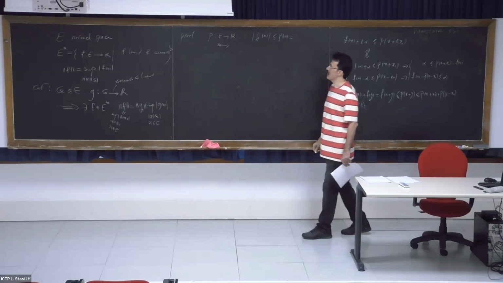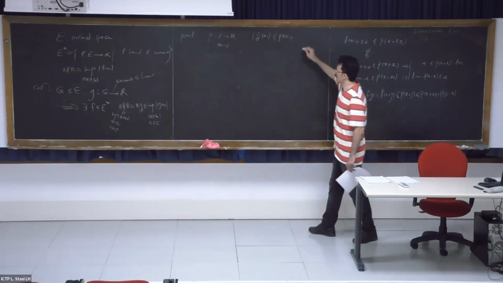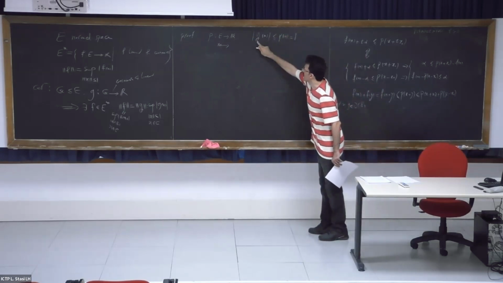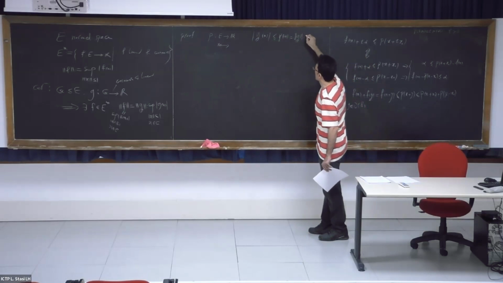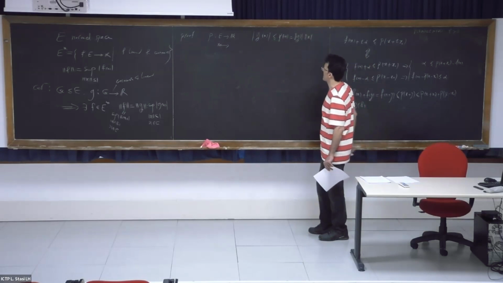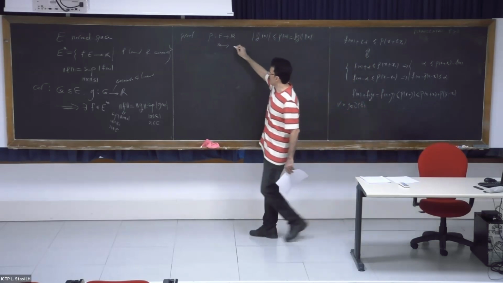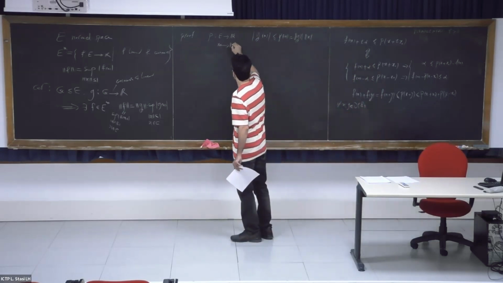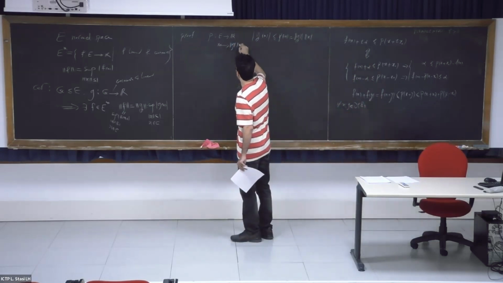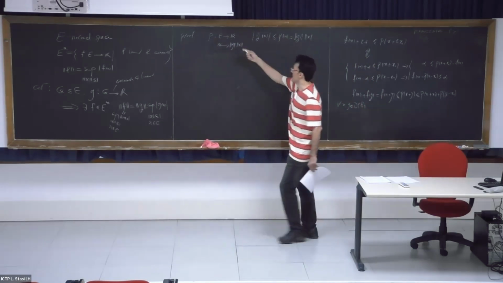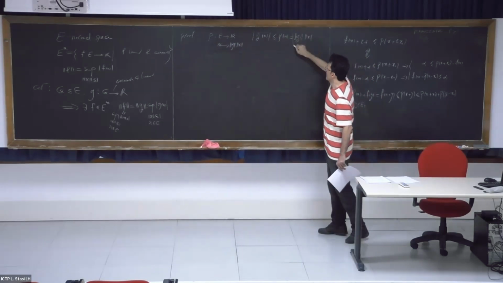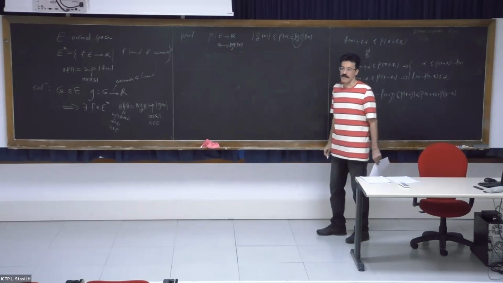So P of x can be defined like this, the norm of G times the norm of x. So we define it in this way. For all x, we may define it like this because the norm of G is a certain constant.